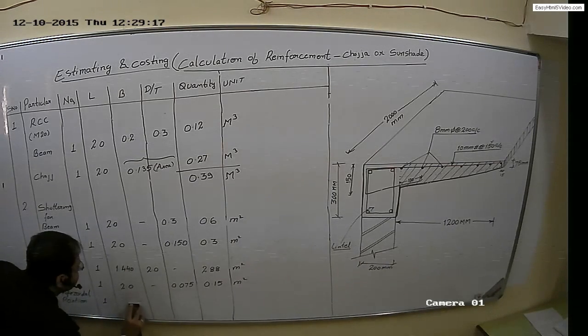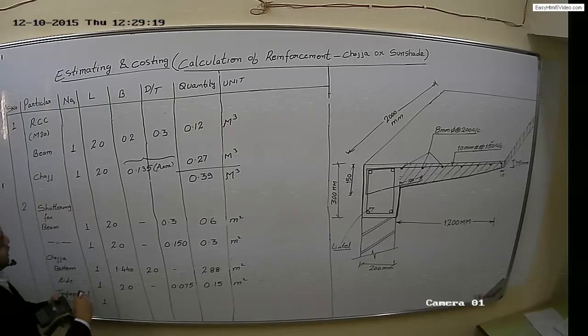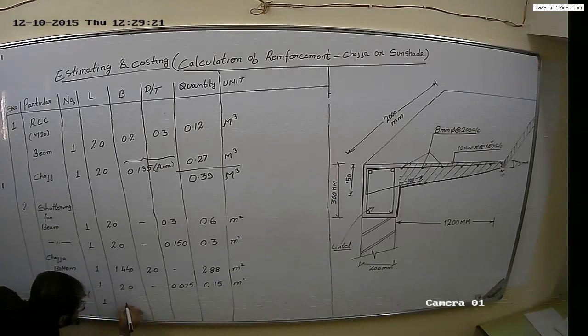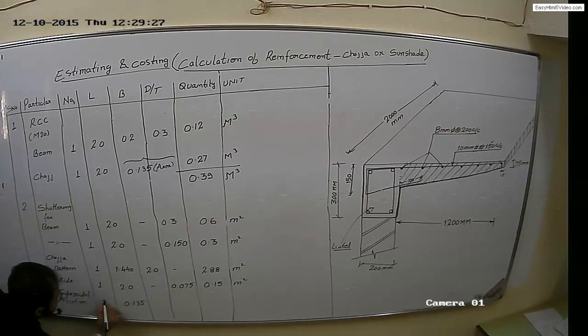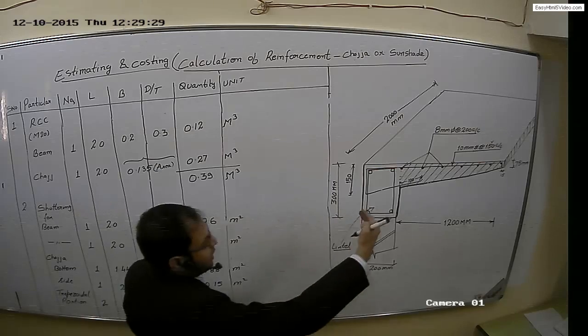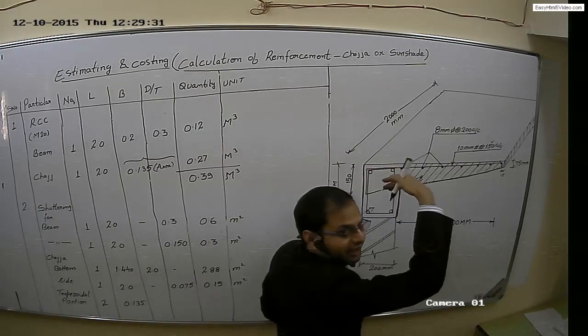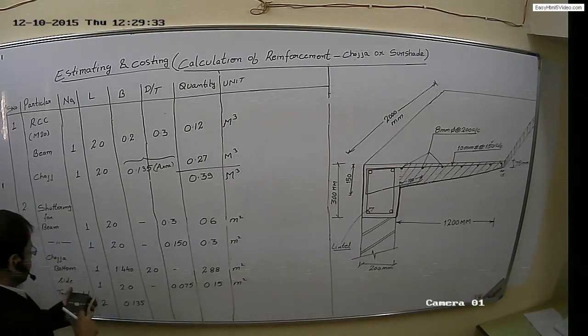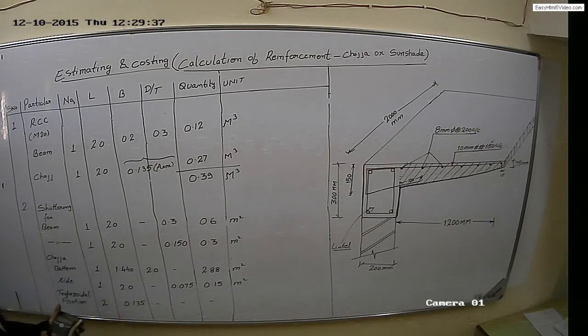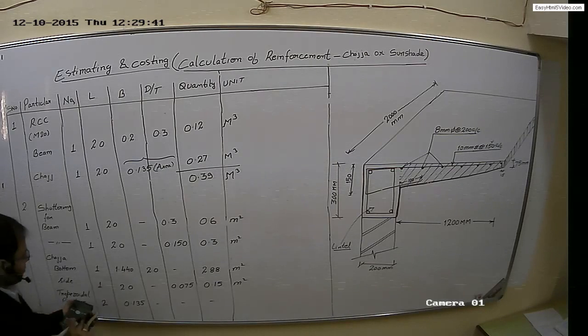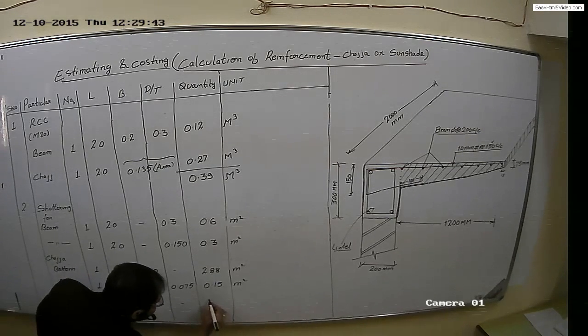We have to directly write the area, which is 0.135, and again the quantities are two. One for this particular face and one for the next face. So 2 multiplied by 0.135, you will get 0.27 meter square.